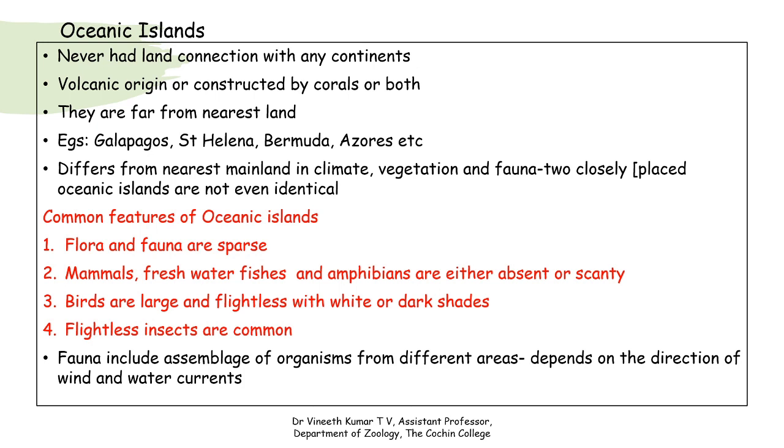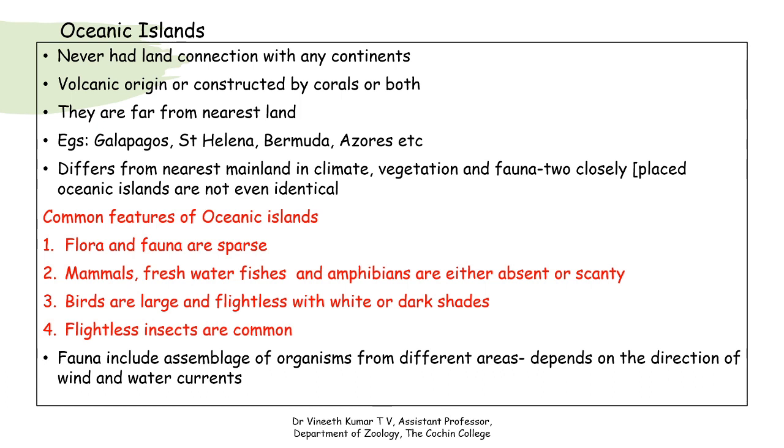The flora will be represented by those plants whose seeds might have been brought by birds, etc., which flourished, and also the ferns, lichens, etc., which prevail in harsh conditions, with spores brought by the wind.